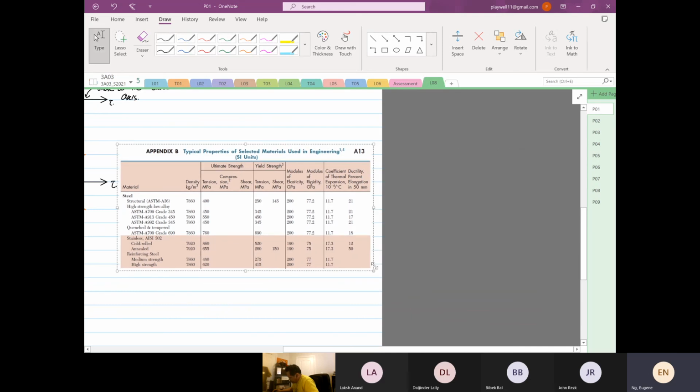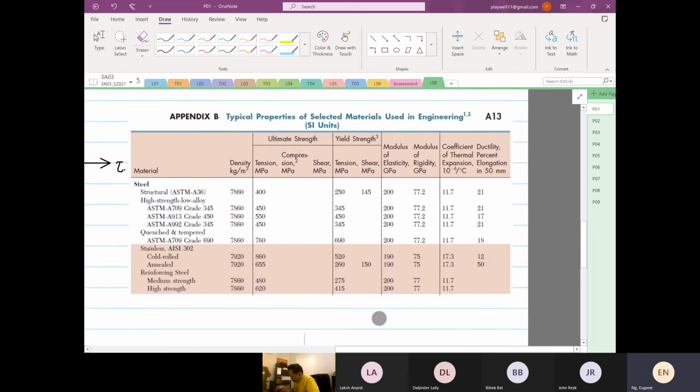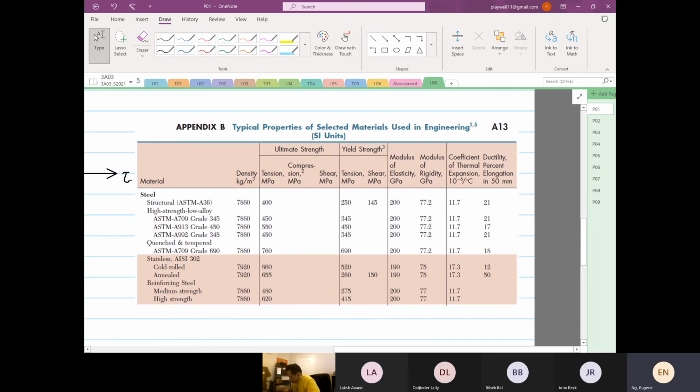If you look at a material handbook, it is easy to read: the first column is density, the second is ultimate strength in tension, compression, and shear. Then the yield strength in tension and in shear, modulus of elasticity, modulus of rigidity, coefficient of thermal expansion, and percentage of elongation. You have all this data. Now, if your structure is loaded in a 3D condition, which one will you use?